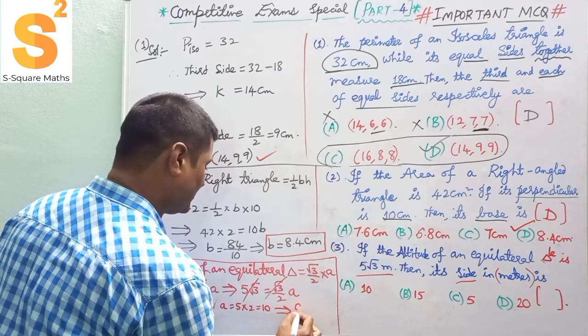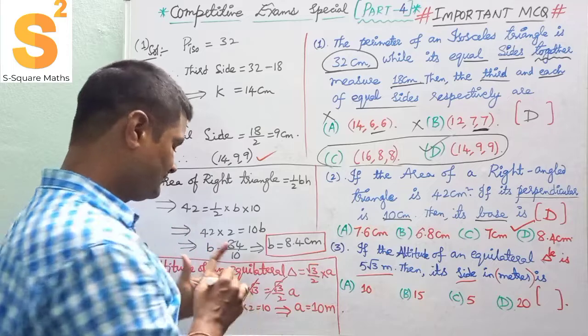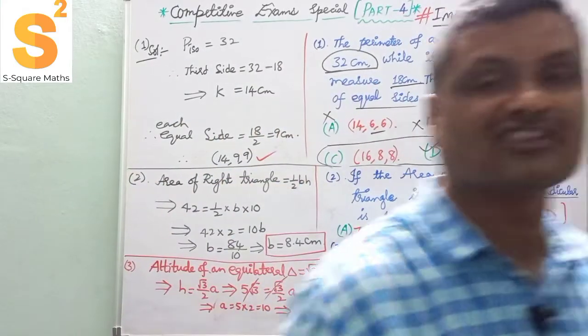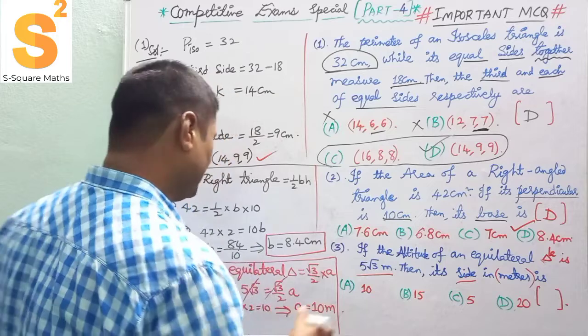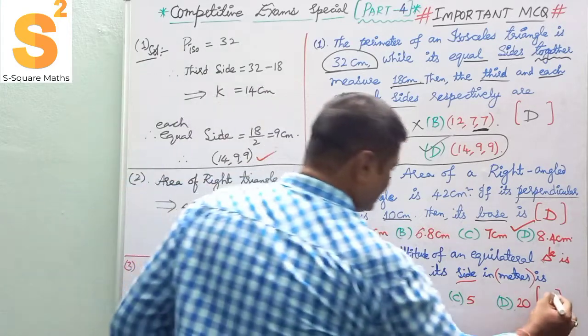So side is nothing but 10 meters. Again if you observe carefully, here the option fitted is nothing but 10 meters. For the third problem, A option is suited.